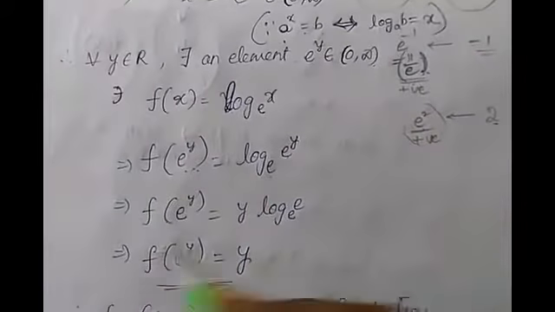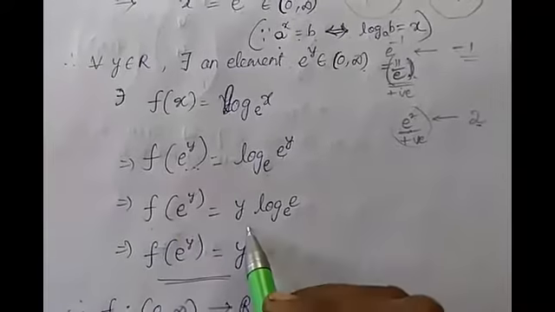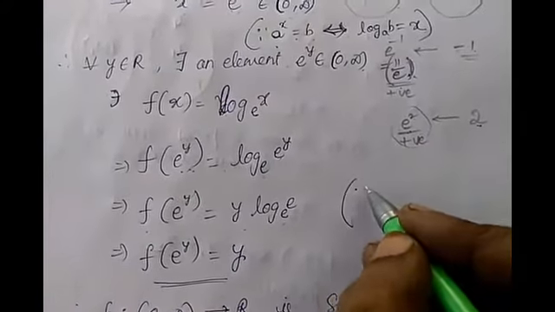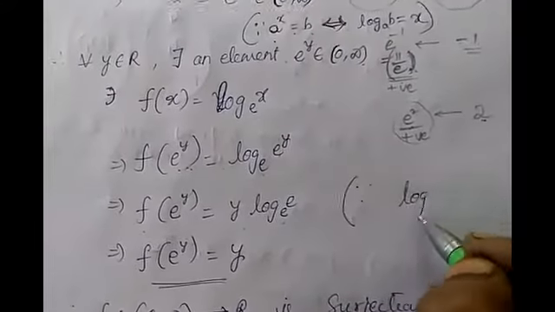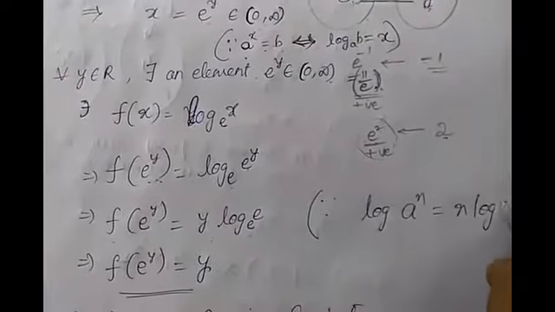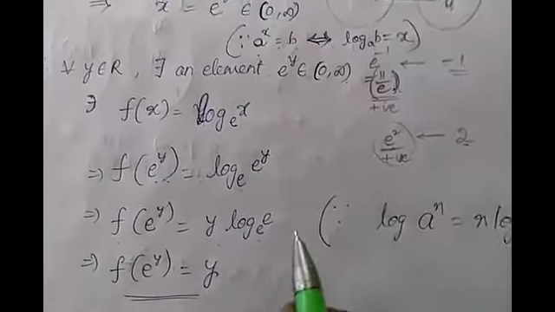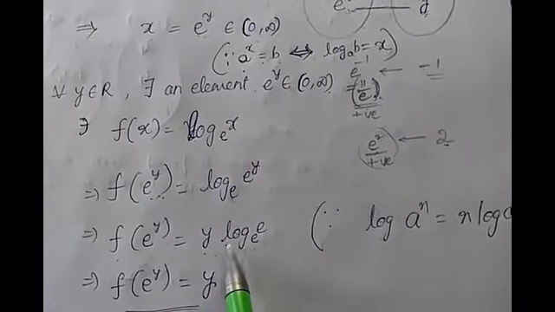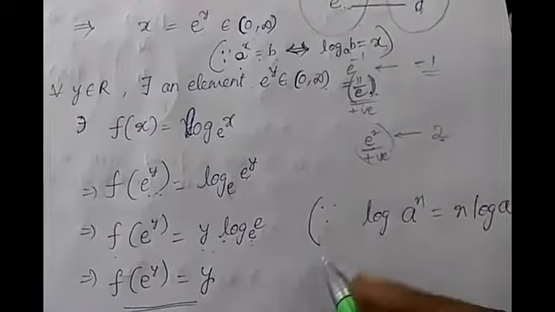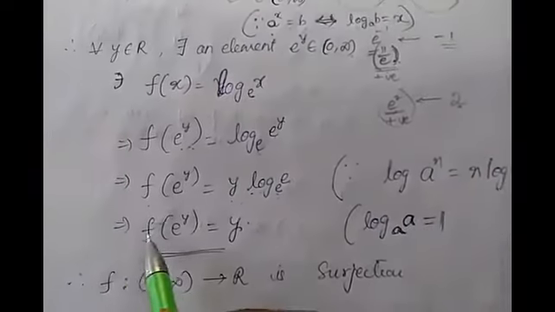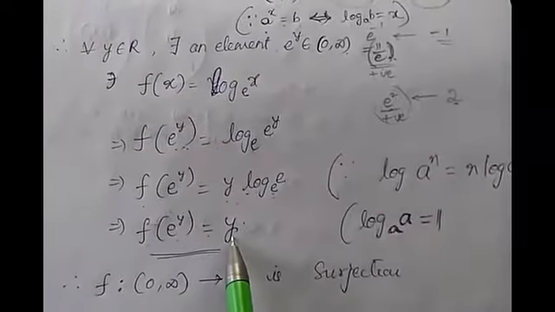That implies f of e power y is equal to y log e base e. How can you write that? log a power n is equal to n log a. By using this formula, you can write log e power y base e as y into log e base e. Again, you know that log a base a is equal to 1. So f of e power y is equal to y.